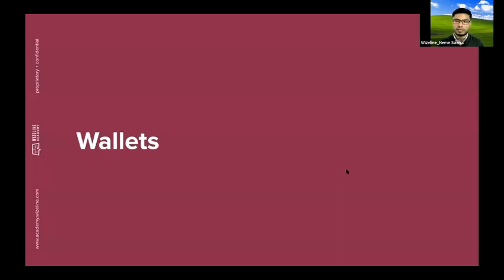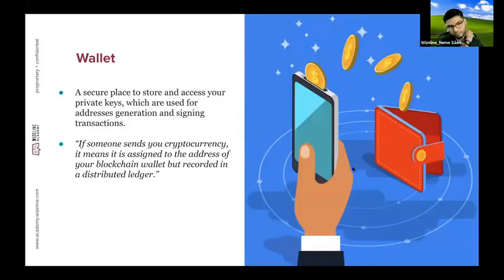So this last topic is wallets. A wallet is a secure place to store and access your private keys, which are used for address generation and signing transactions. Maybe a better analogy than wallet is a keychain or a checkbook, because the coins are not stored in the wallet.